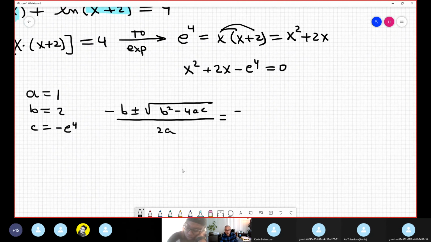This is minus 2 plus or minus the square root of b squared, 2 squared, which is 4, minus 4 multiplied by 1 multiplied by negative e to the 4th power, divided by 2 times 1.